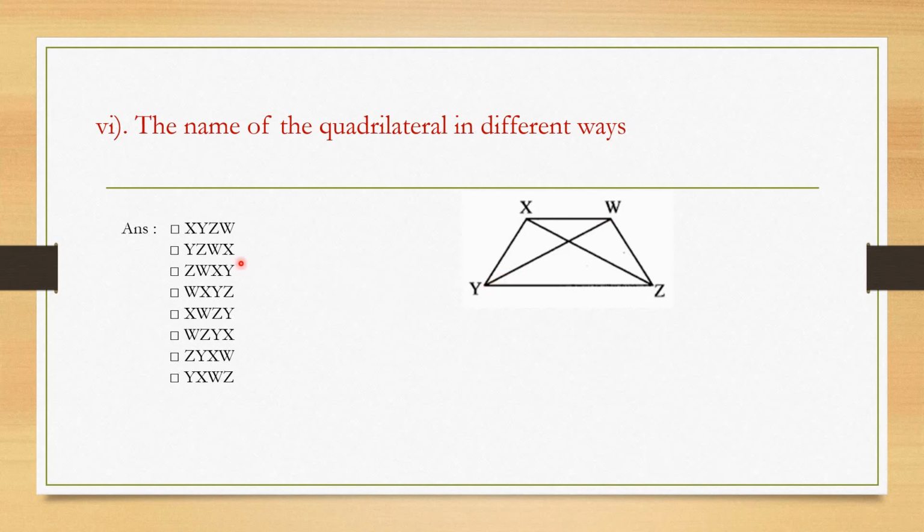Third one, quadrilateral ZWXY. Fourth one, quadrilateral WXYZ. Next one, quadrilateral XWZY. Next one, quadrilateral WZYX. Next one, quadrilateral ZYXW. And last one, quadrilateral YXWZ.